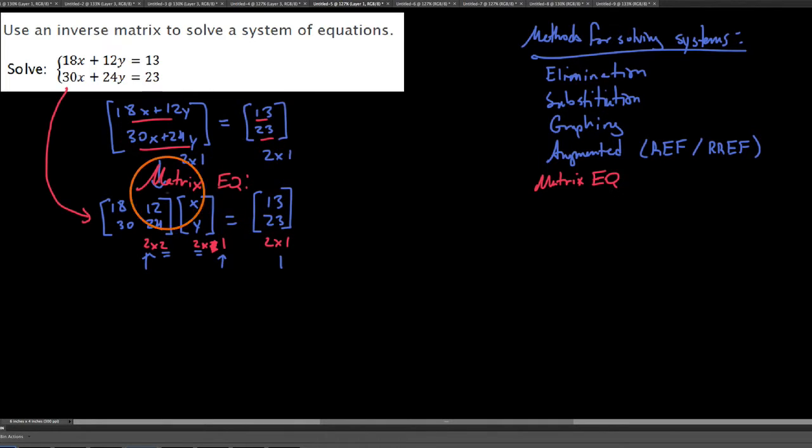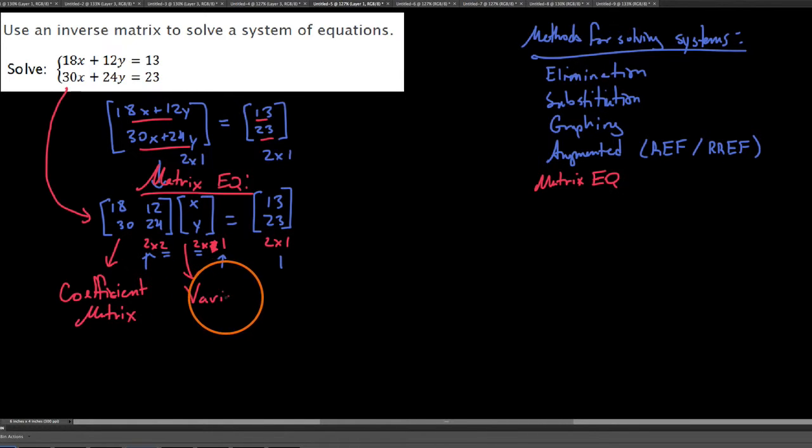In a matrix equation, we decompose this system into three distinct parts. We refer to this first matrix as our coefficient matrix. We've seen a coefficient matrix before: when we write augmented matrices, it's the part on the left. The coefficient matrix is this square matrix that just contains our coefficients. This matrix right here we refer to as the variable matrix.